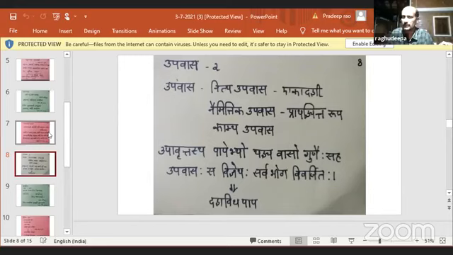A person who has positive energy: why will positive energy come? If the Dashavida Papa is not there, that is considered Punya, and the positive energy will come. That is also a form of Upavasa. So every time, try to advise a few things about Dashavida Papa, that is Ahimsa, Paishunya, Parushyata, etc., whatever I have told. So that is about Upavasa.